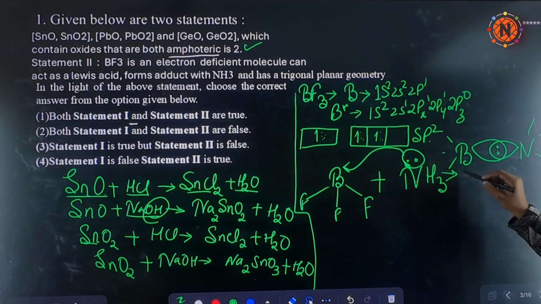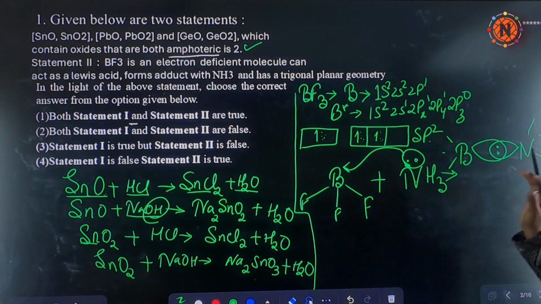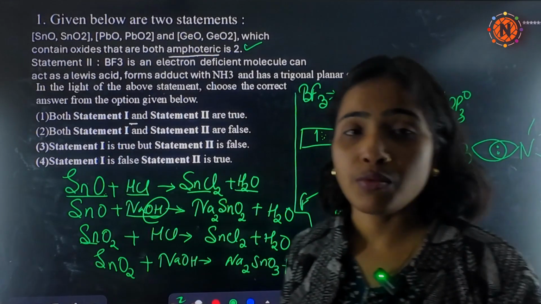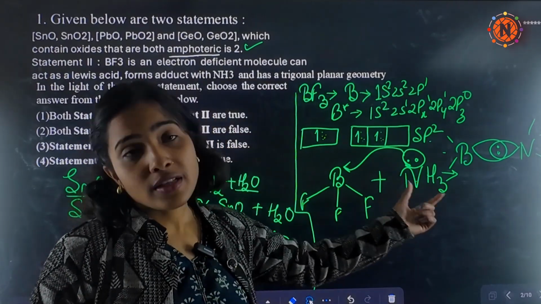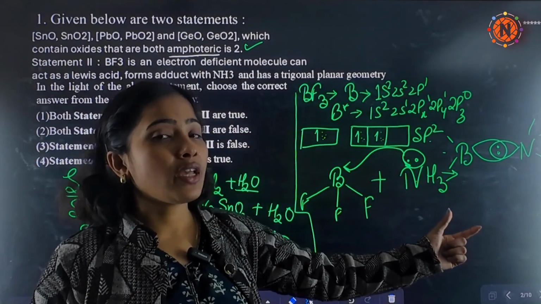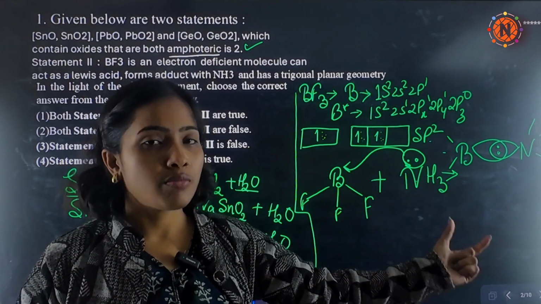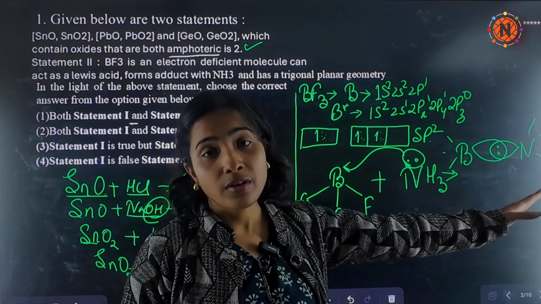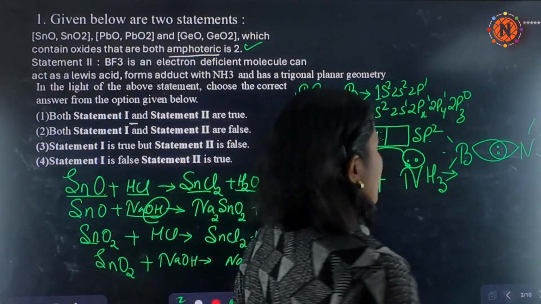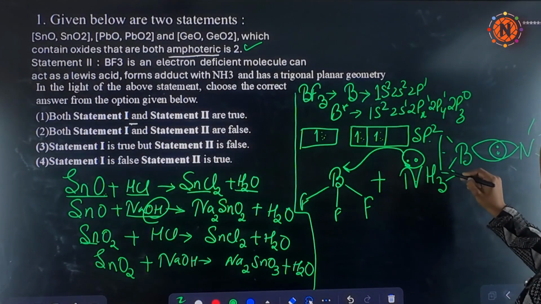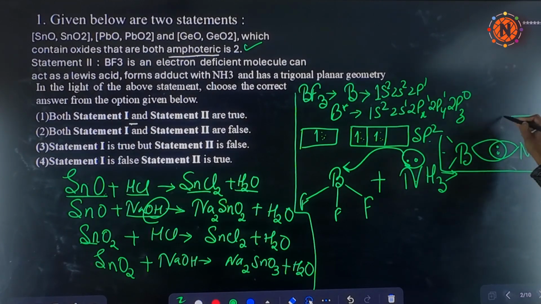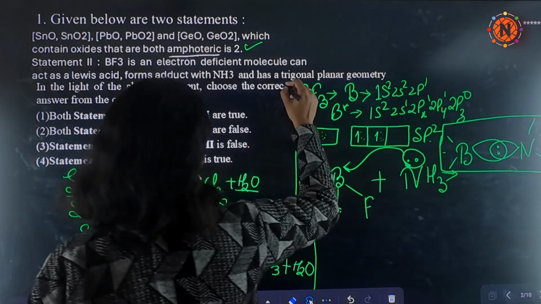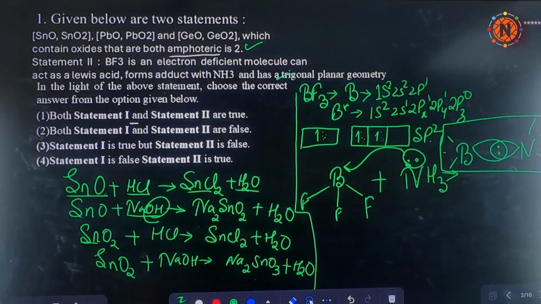The bond formed between these two molecules, without losing any constituent atom, is known as a coordinate covalent bond, and the resulting compound is known as the adduct, right? So here we can clearly see that it is forming an adduct between BF3 and ammonia, which means statement 2 is also correct. So option number 1 will be correct.